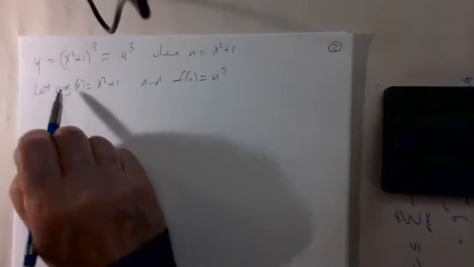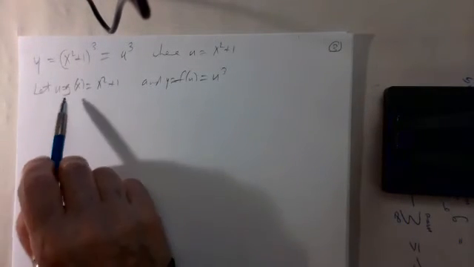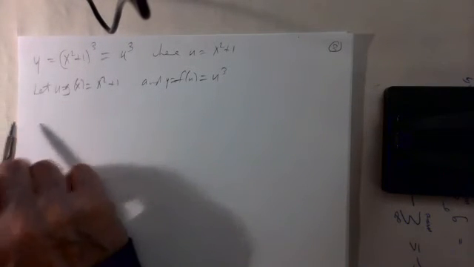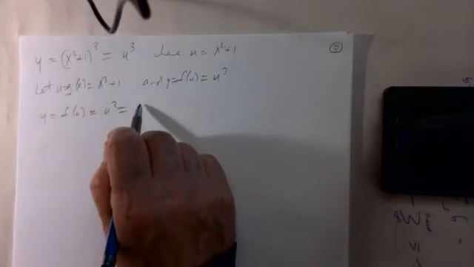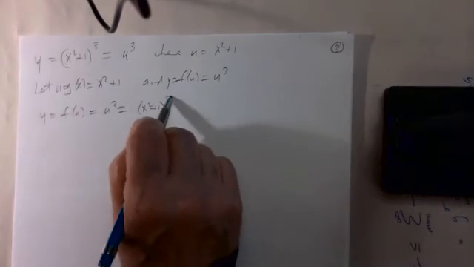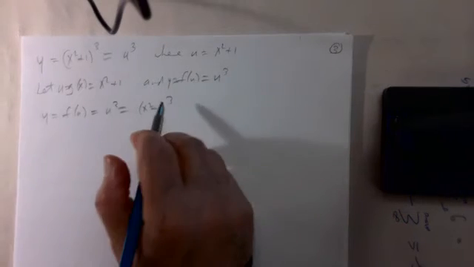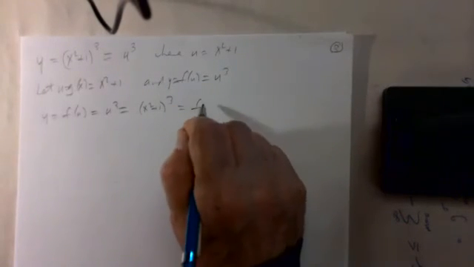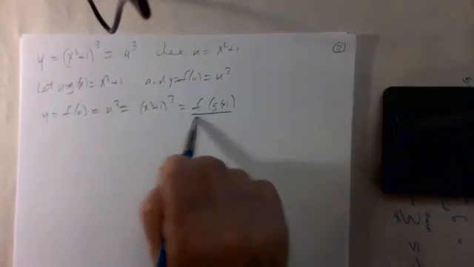So we let u equal x squared plus 1 and y equal u cubed. If we take this composite, y is f of u, which is u cubed, and u is x squared plus 1. So this is exactly the function we started with, but this is the composite f of g of x.